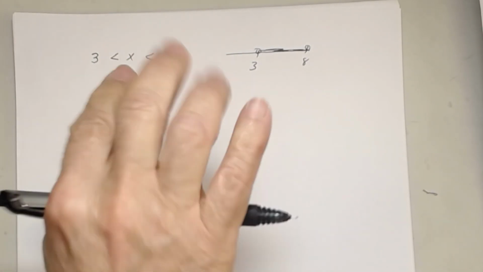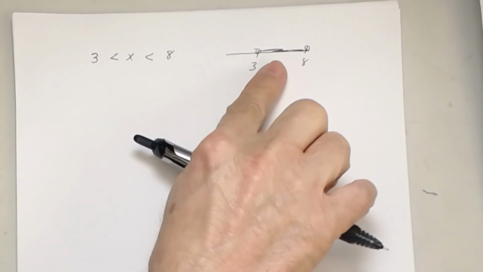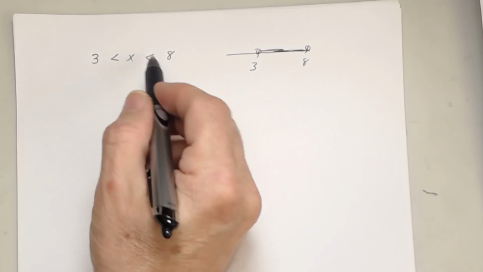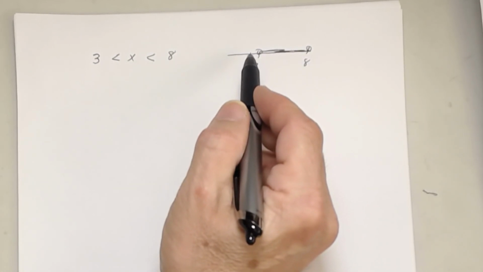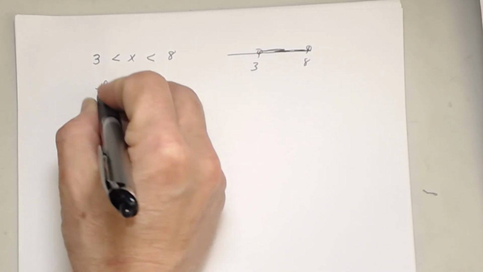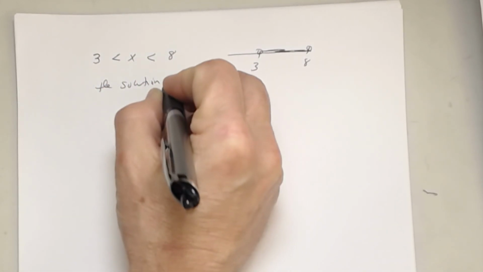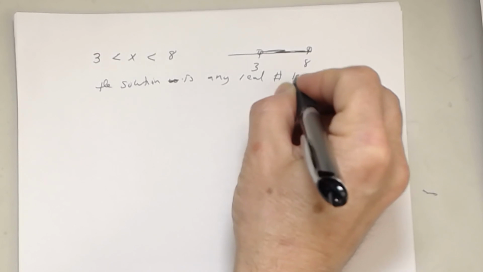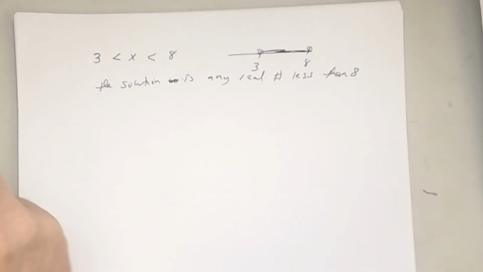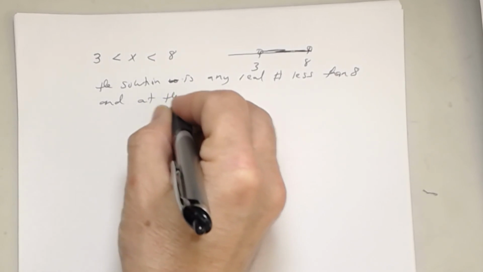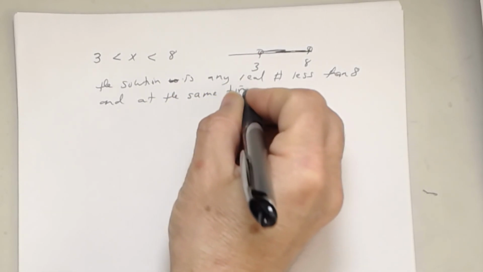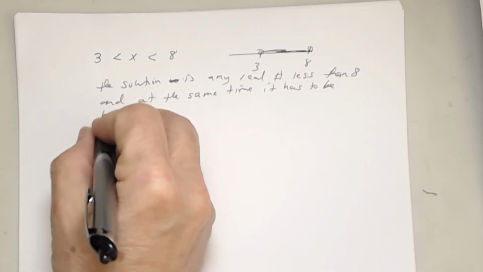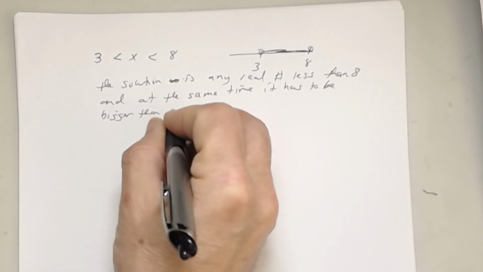Now, remember what that meant. When we first started talking about this, my solution would be any number that's less than 8, and at the same time, it has to be greater than 3.